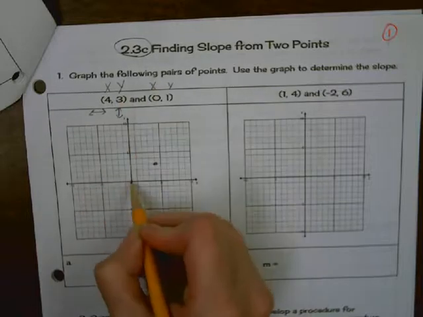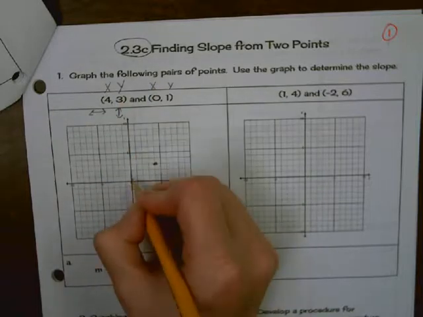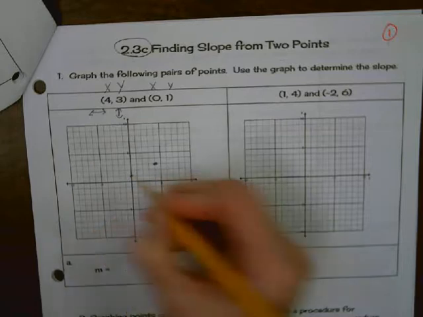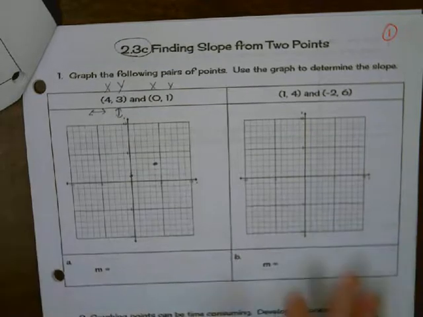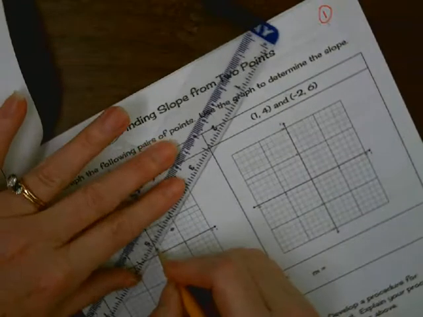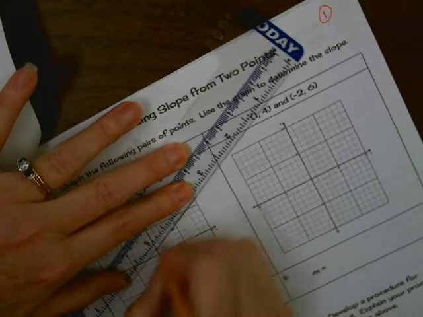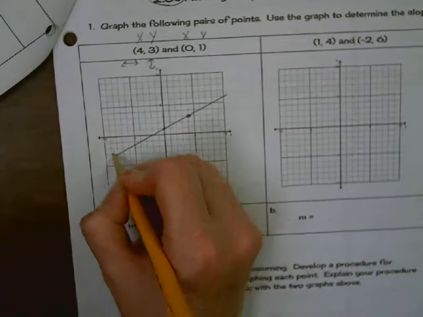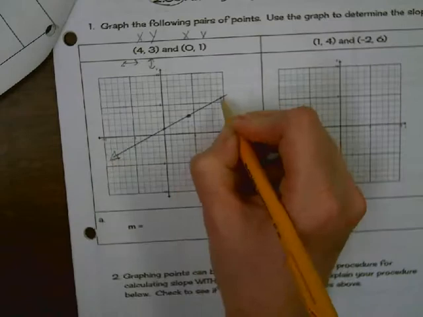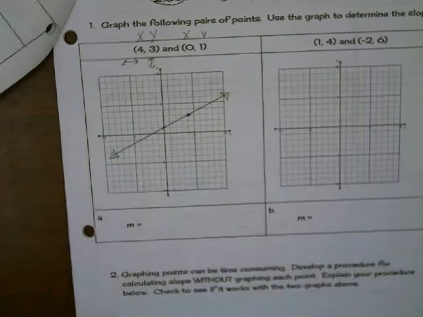All right, over 0, up 1. There's that point. Let's draw a straight line. Make the line long. Get your arrows on the end.